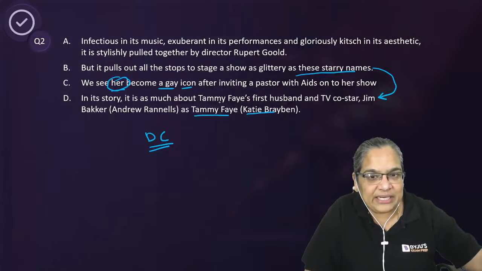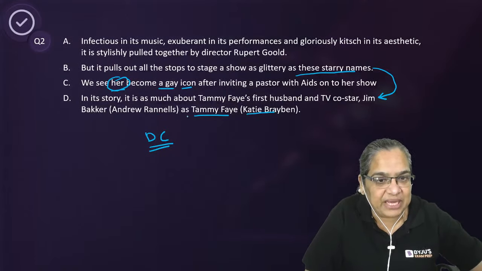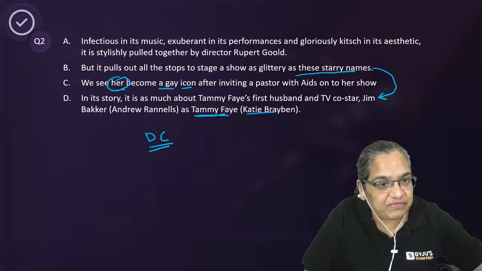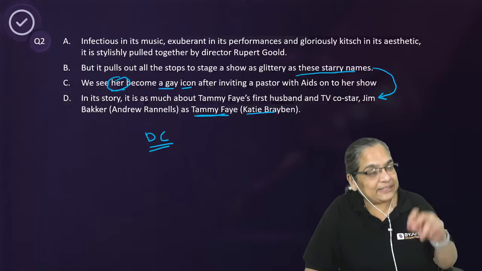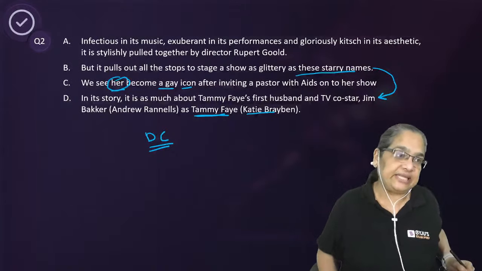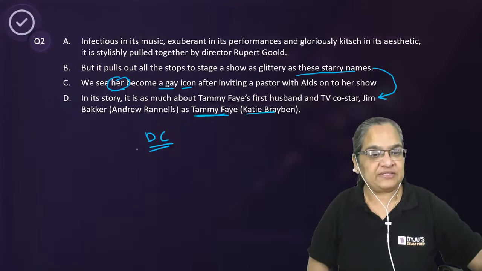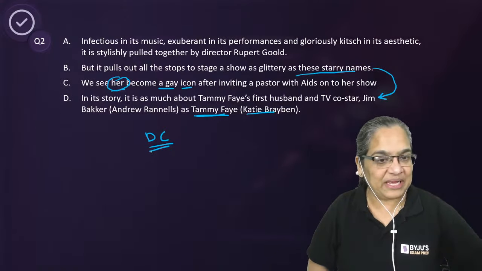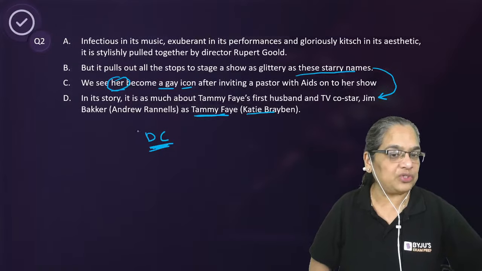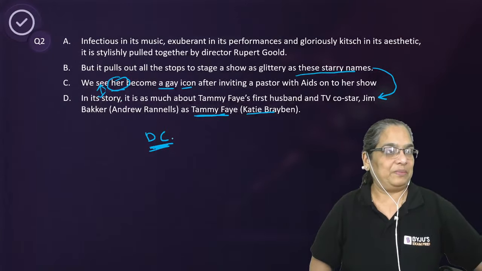But Tammy Faye's first husband and TV co-star Jim Baker as Tammy Faye. So Tammy Faye is the character's name, not the star's name, if we read carefully. So the biggest problem is we will think of DB. Now DC goes together because this definitely is talking about Tammy Faye.